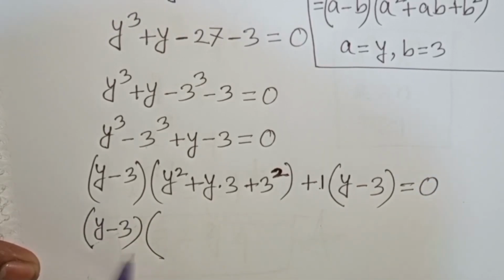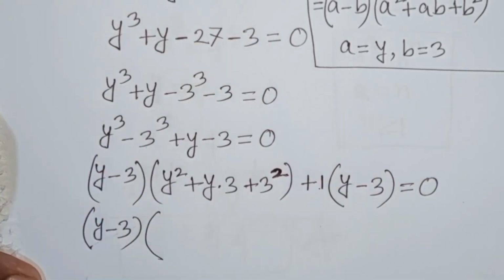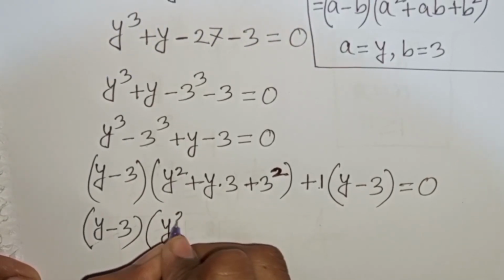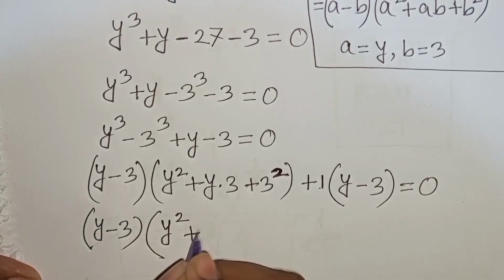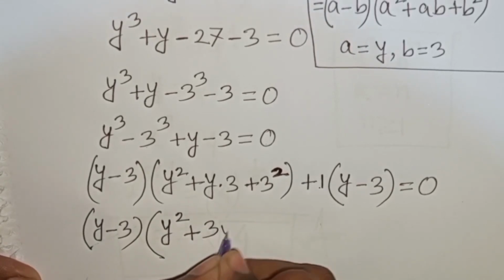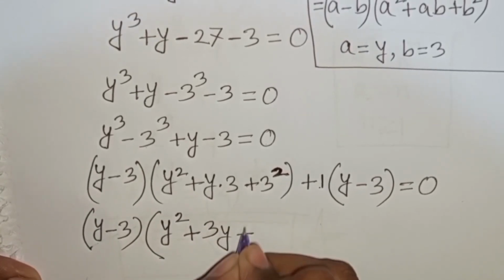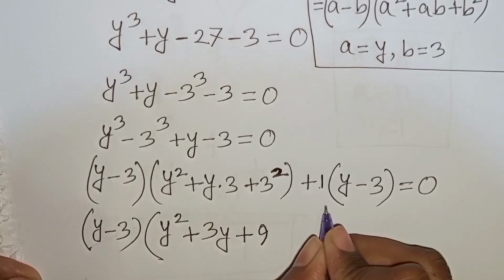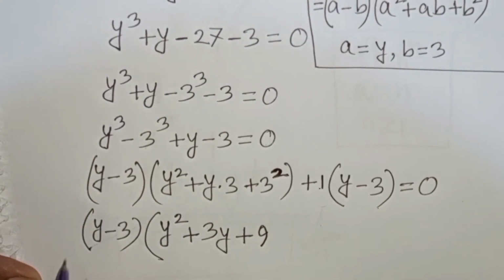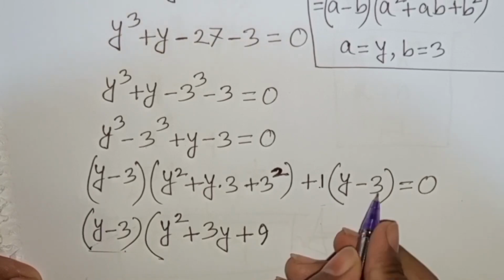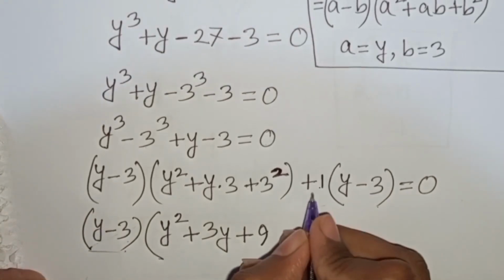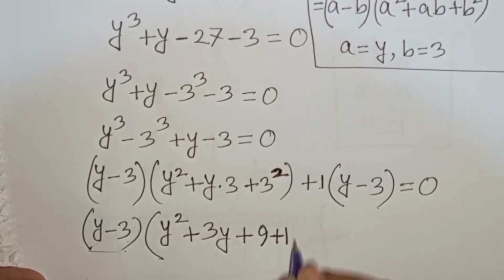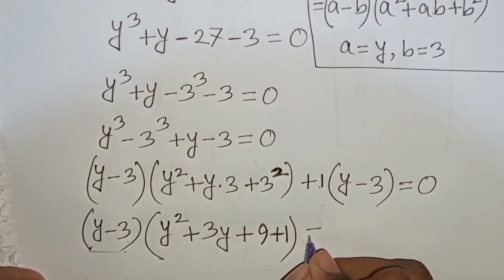So y minus 3 will be cancelled, so we have y square plus y times 3, that means 3y, plus 3 square is the same as 9, then this y minus 3 will be cancelled, so here plus 1, then bracket close is equal to 0.